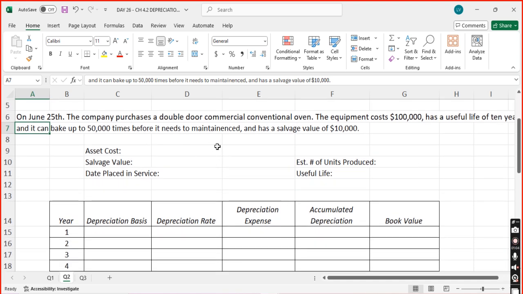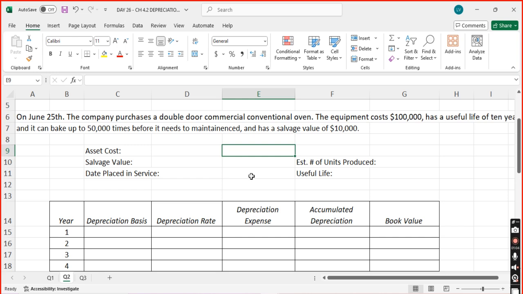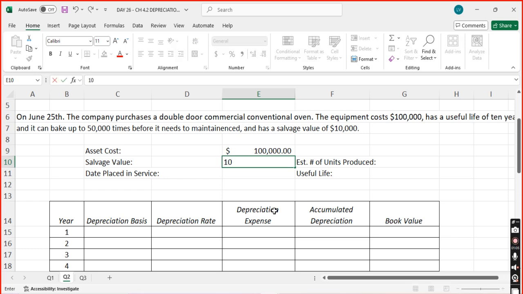What is my asset cost? 100,000 for the oven. Okay. What is my salvage value? It's 10,000.